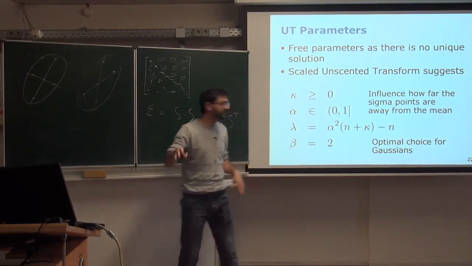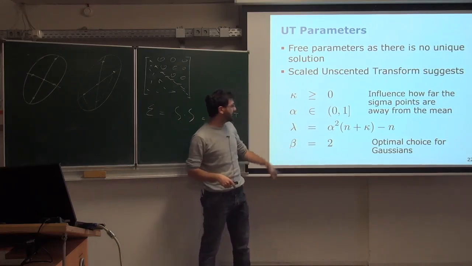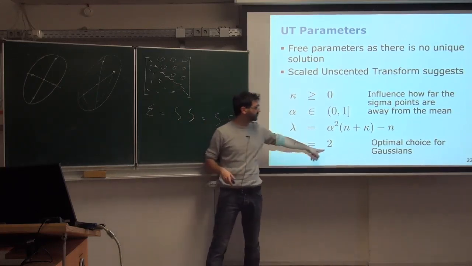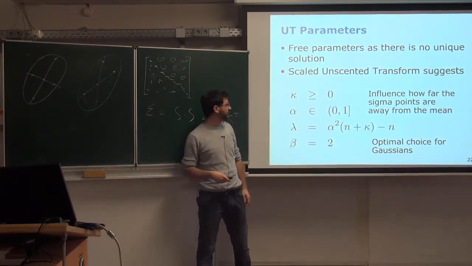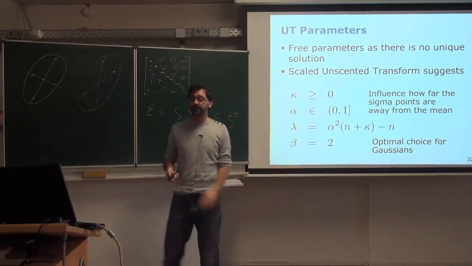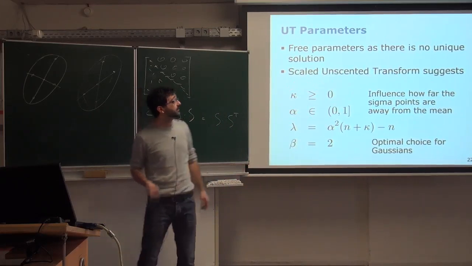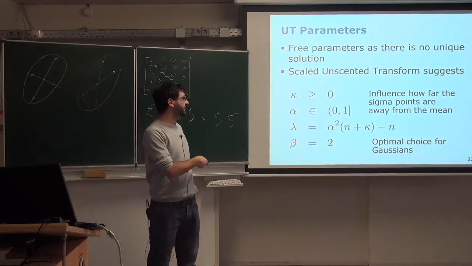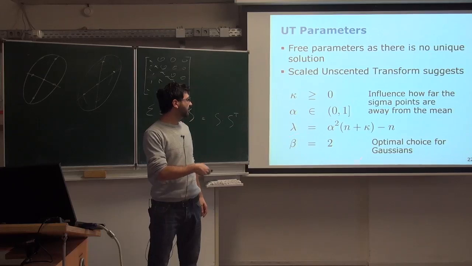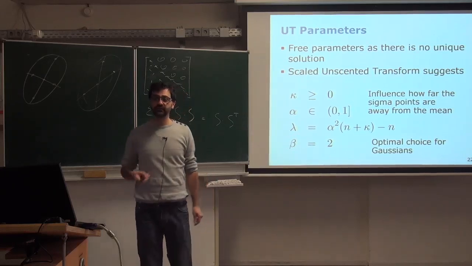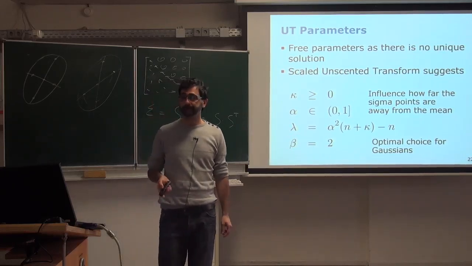I'll show you what it means in an example later on. And then you have beta, which is fixed to 2 if we use Gaussians. So basically the only free choice you have is around these two parameters. You can also change beta, but it's a very good value if you're using Gaussian distributions.